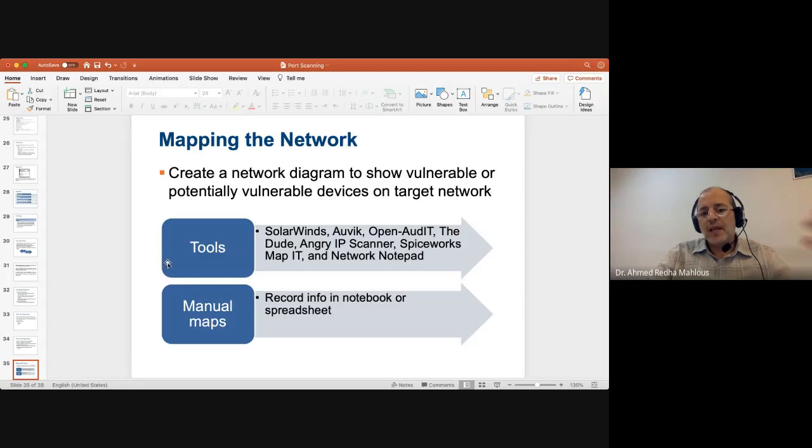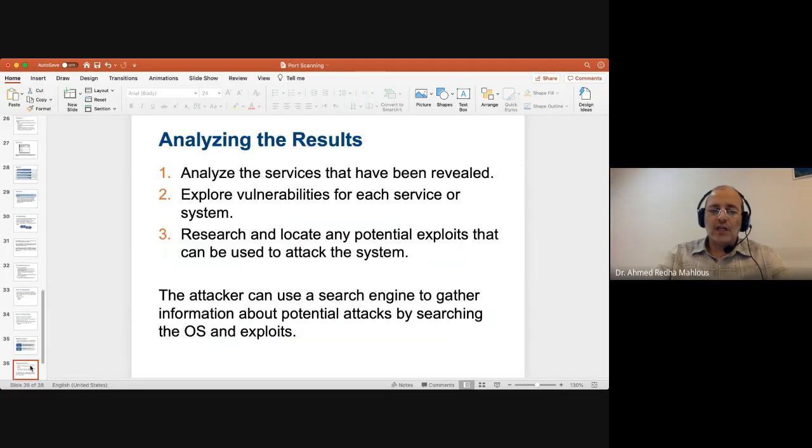There are many tools that can be used to draw or map your network, or you can write it down and draw by hand the different devices with their corresponding IPs that you discovered during port scanning.